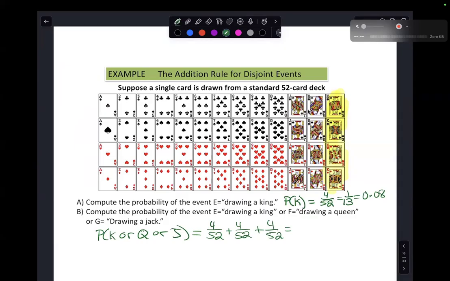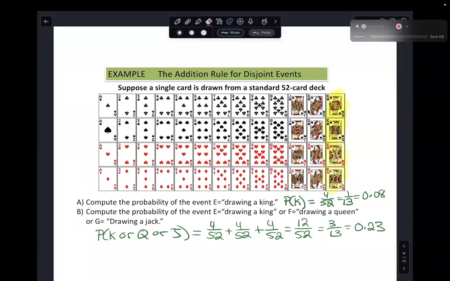That's 12 out of 52, which would be 3/13. It's just 0.23, because I was rounding on the last one. So you have about a 23% chance, almost a quarter, of drawing one of the face cards.